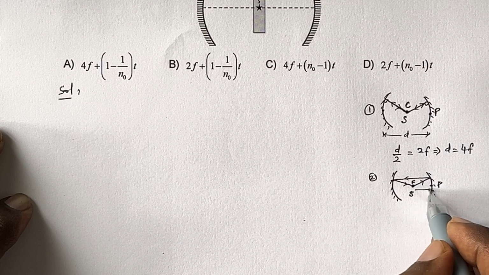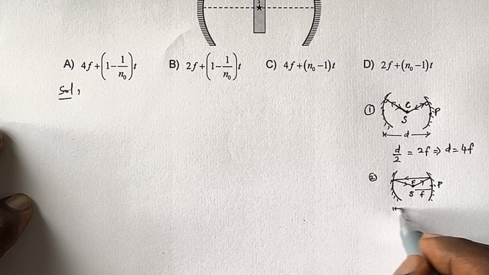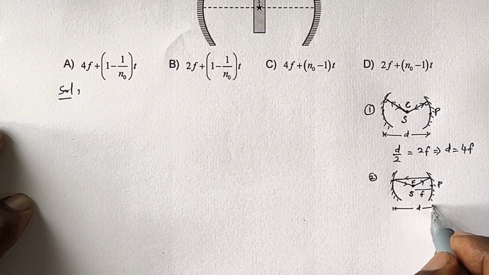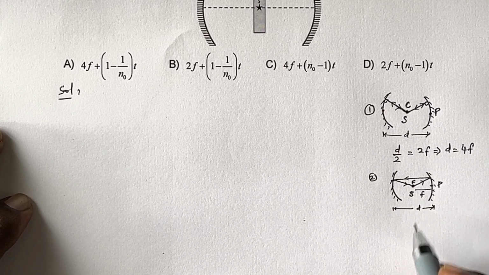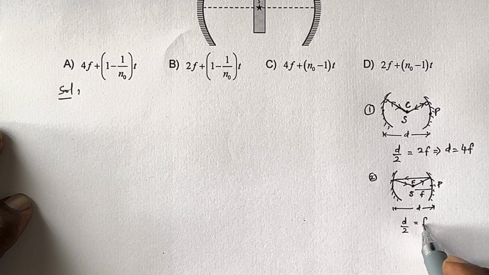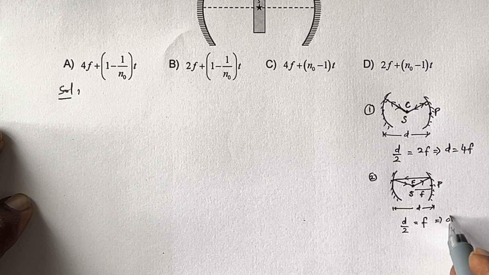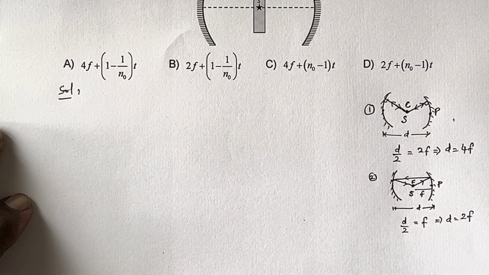So this distance is the focal length. But the distance between the mirrors we have taken as d, so d by 2 is equal to the focal length. That means d is equal to 2f. These are the two possibilities.